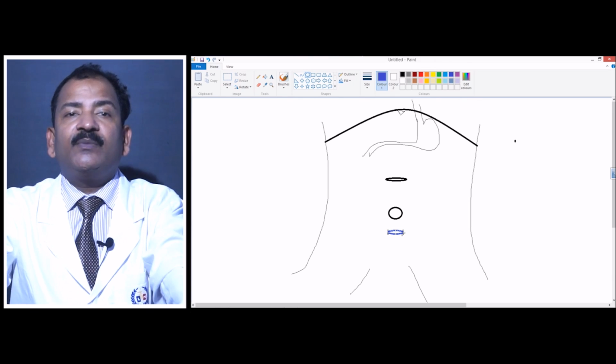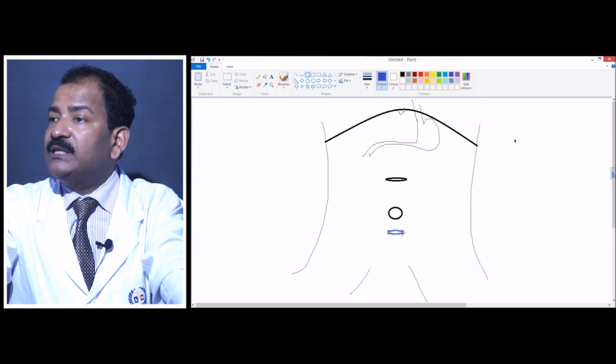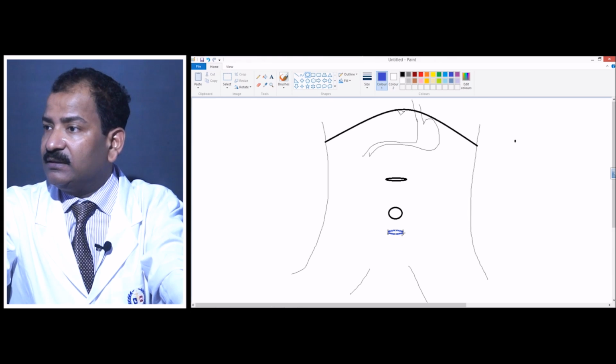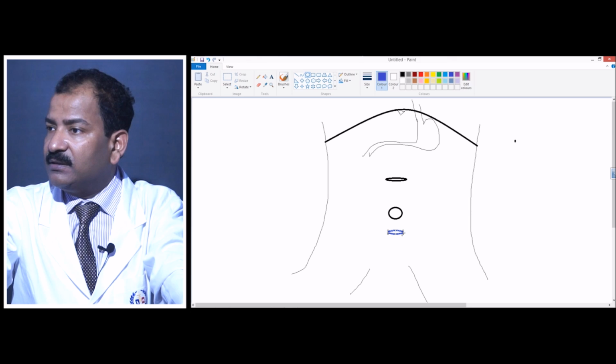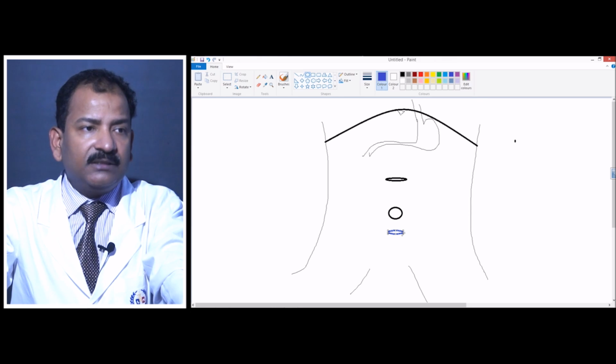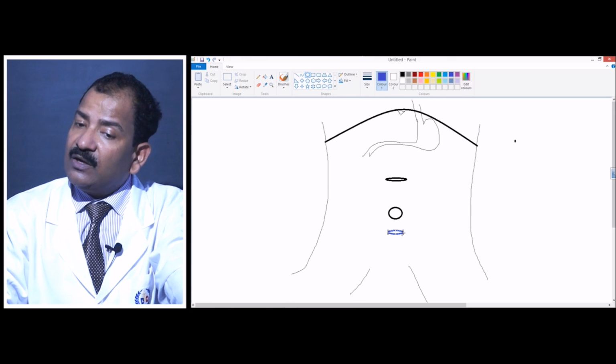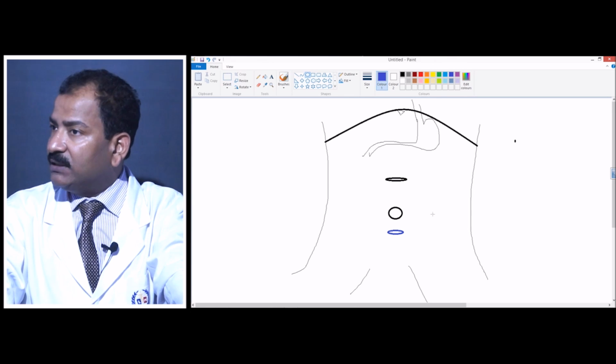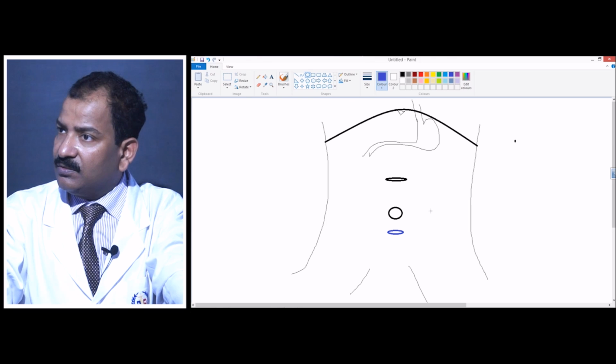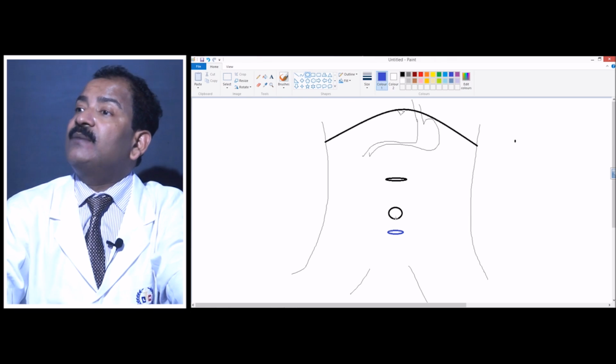The infraumbilical port is very popular with gynecologists who do single puncture sterilization in the camps. They do not go through the umbilicus, they go 3 to 5 centimeter below it. It is also used for presacral neurectomy. How much from the umbilicus? That is 3 to 5 centimeter below.